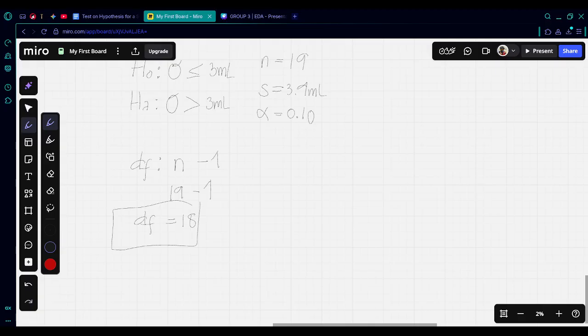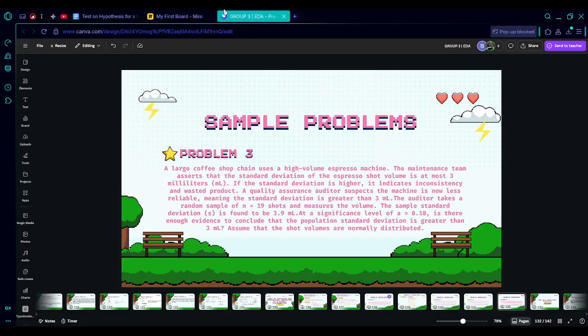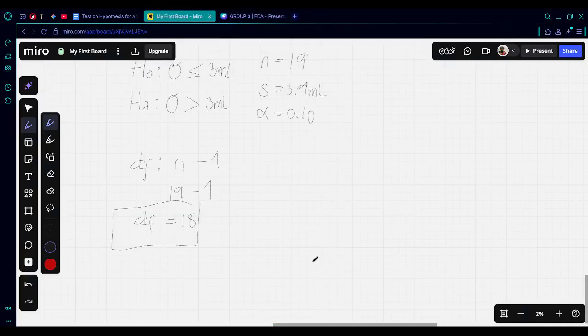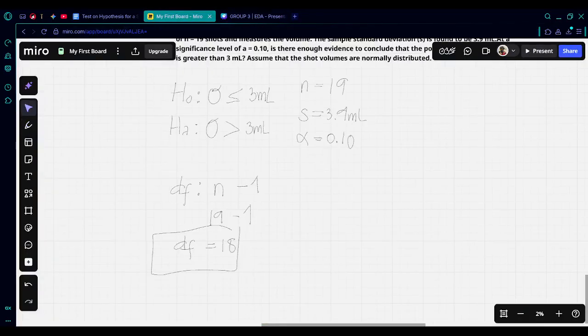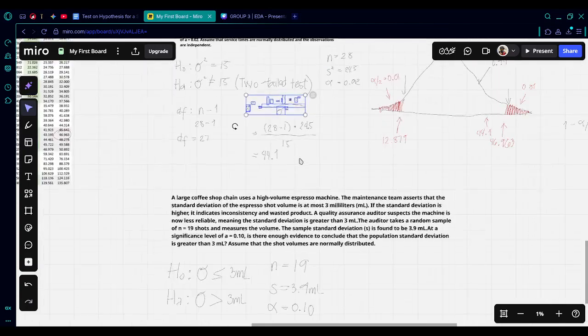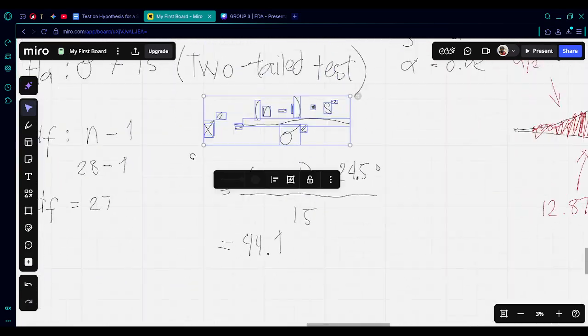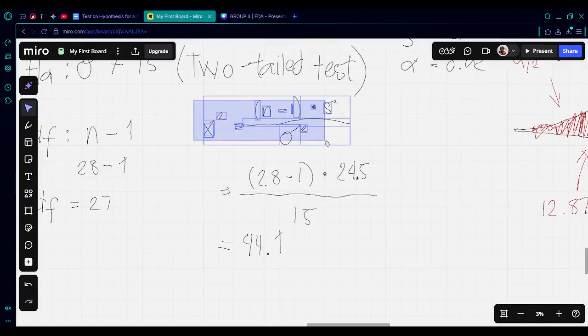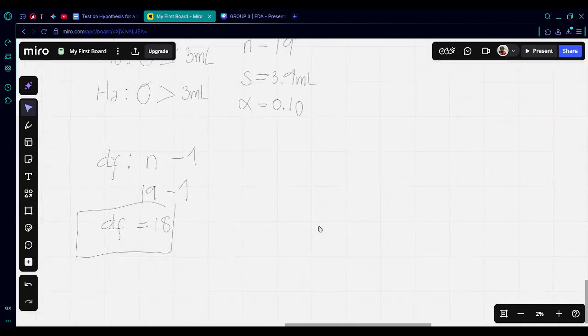Next, after we determine the degree of freedom, we will now calculate the test statistic using the chi-squared. Let's put here the formula for the chi-squared. Let me just copy this one since we used this a while ago.